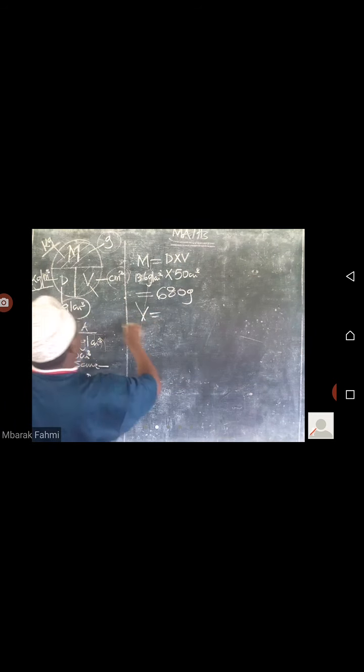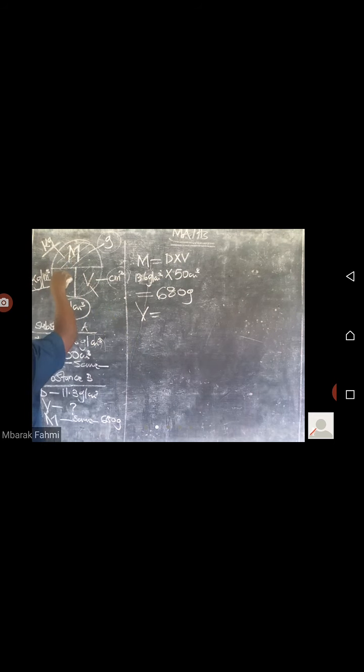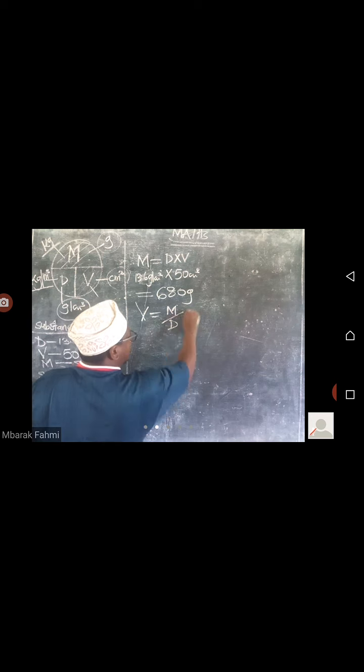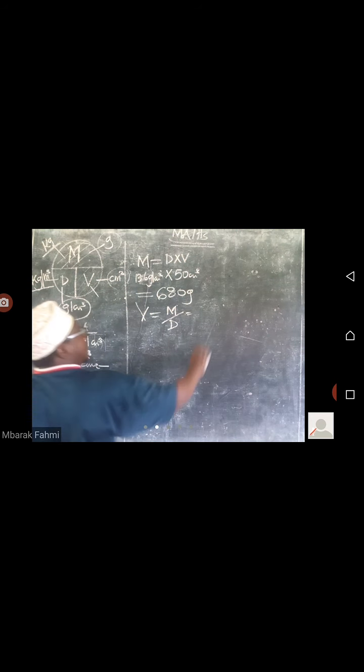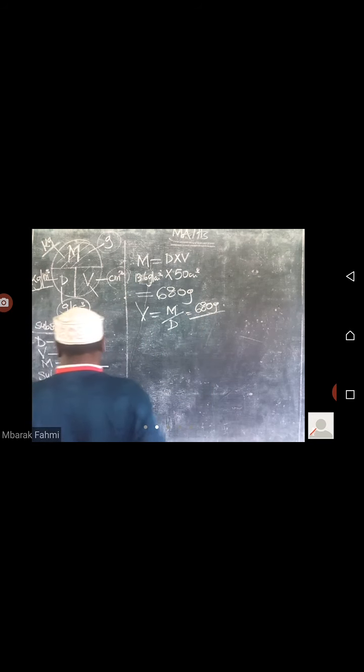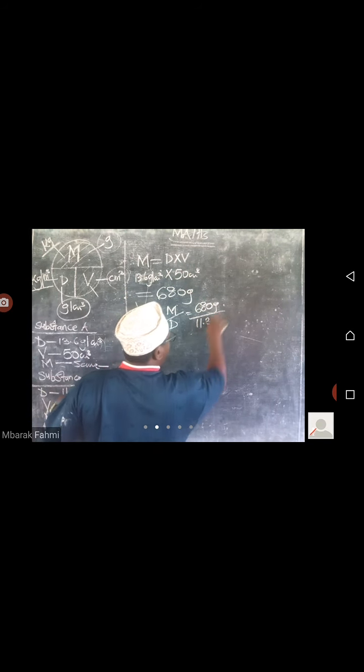Volume is mass over density. The mass there is 680 grams over density. Density is 11.3 grams per cubic centimeter. So we can get the volume.